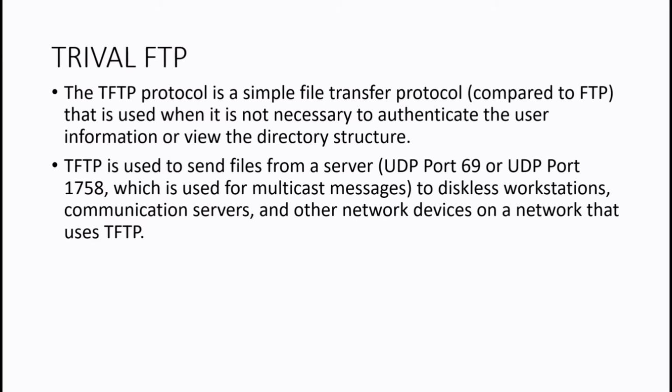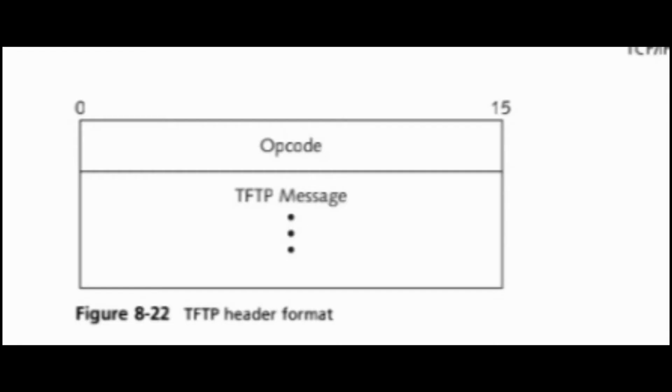TFTP is used to send files from a server, UDP port 69 or UDP port 1758, which is used for multicast messages to disk workstations, communication servers, and other network devices on a network that uses TFTP. Mao ni ang TFTP header format.